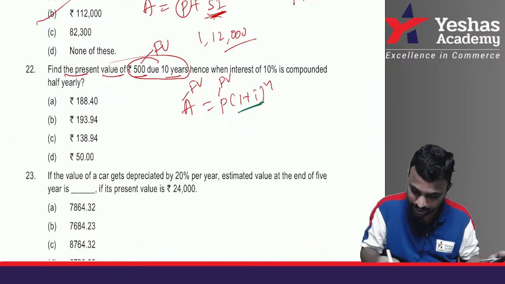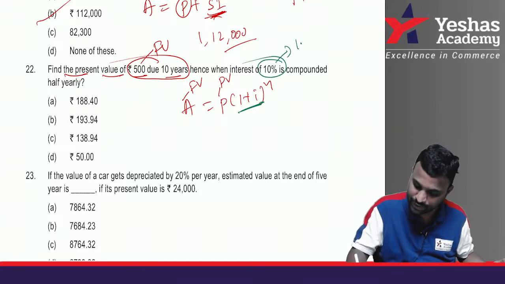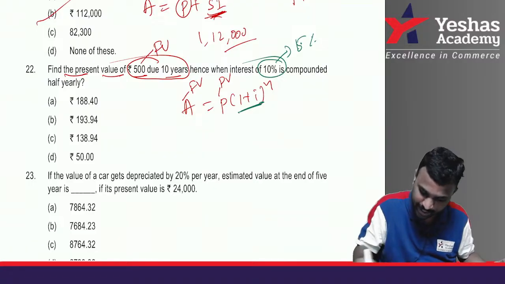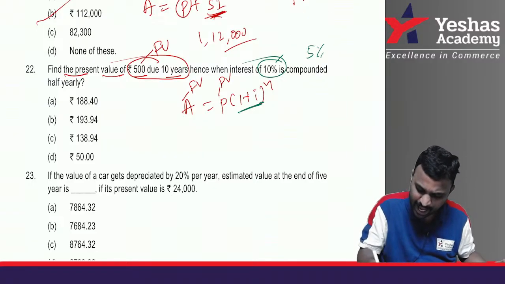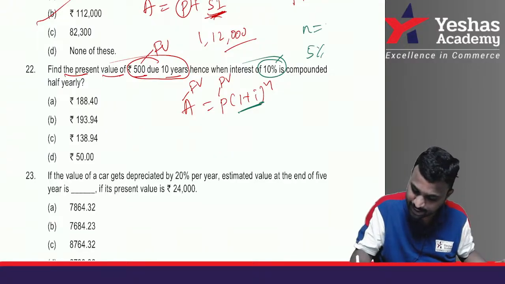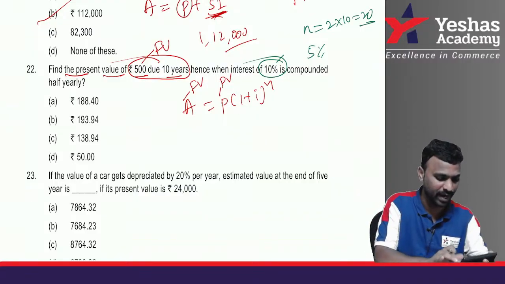1 plus i is 1.1. Yes or no? Oh, sorry, it's not 1.1 because it is half yearly. So it is 5%. Be very careful, guys. It is half yearly. 5%, and n will be not 10, rather it is 2 into 10, which is 20. What you will do is 1 plus 5% is 1.05.